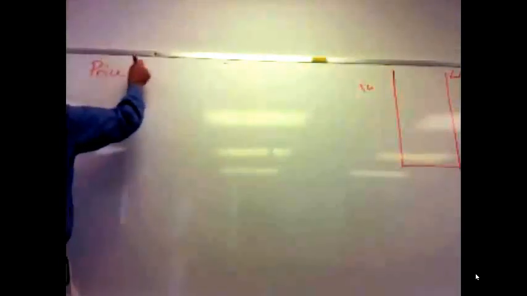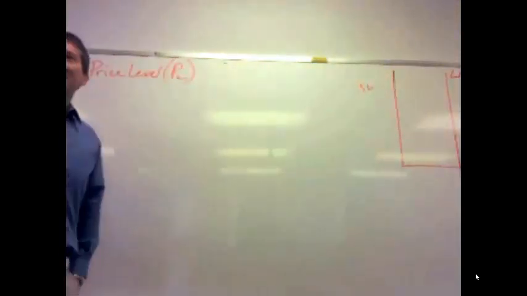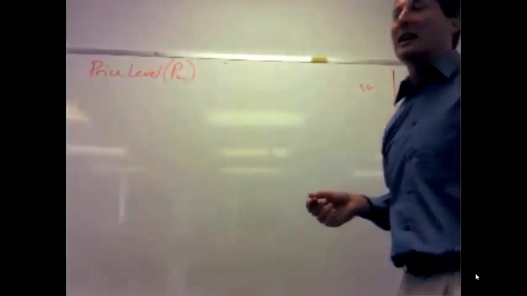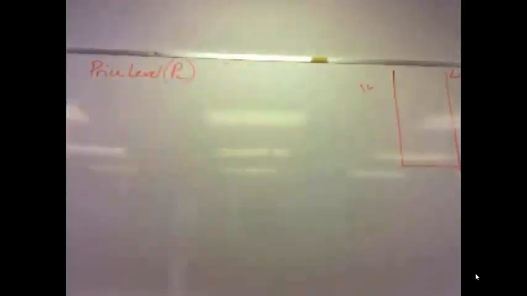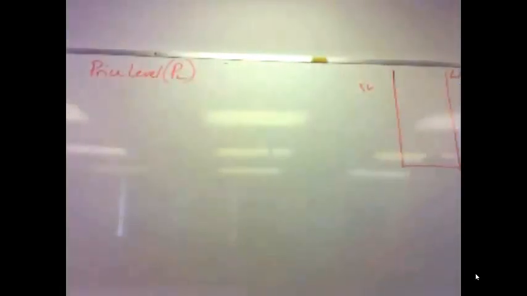What is the price level? Give me a definition of the price level. If Jake can't figure it out, we're going to go to you. It is in your notes, I'm pretty sure, somewhere. So Jake, I'm putting you on the spot here, without even looking at your notes. What's your gut feeling on price level?